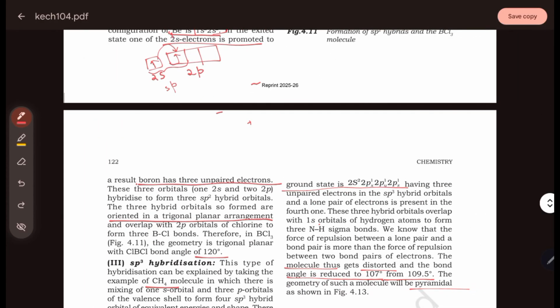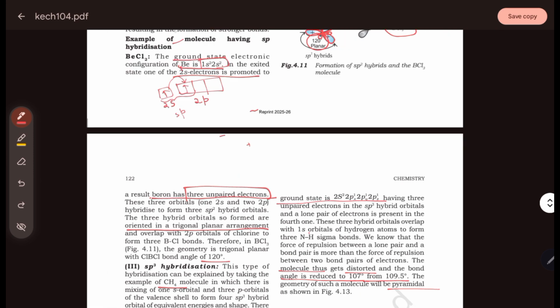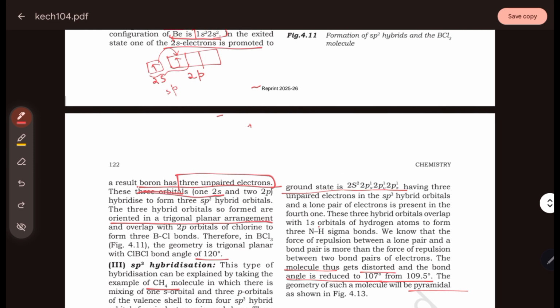Over here we can see that boron has three unpaired electrons. Why? Because the three orbitals, one 2s and two 2p, hybridize to obtain sp2 hybrid orbitals. And the bond angle is 120 degrees.